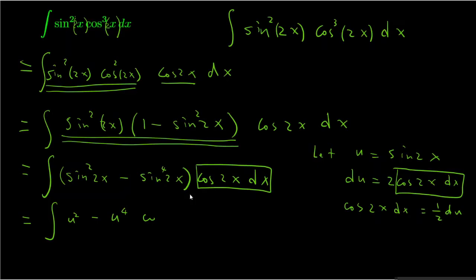What I meant is to write half of du. Cos of 2x dx is half of du, right? I still prefer to use brackets. I know many people do not use brackets in this case, but I still prefer to use brackets.